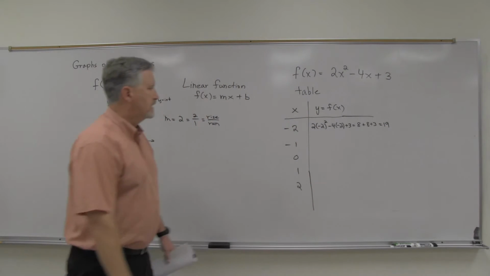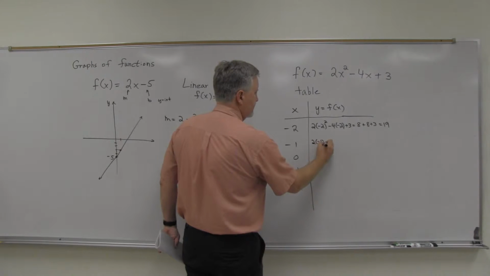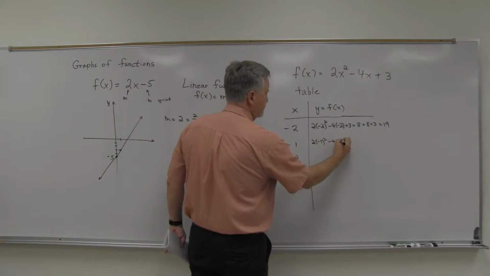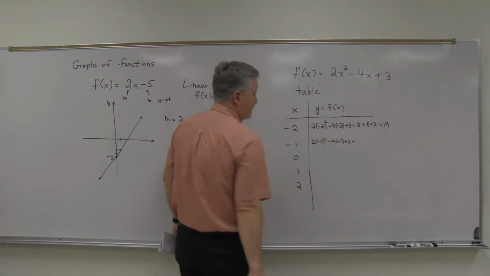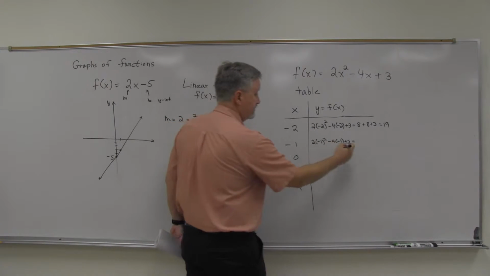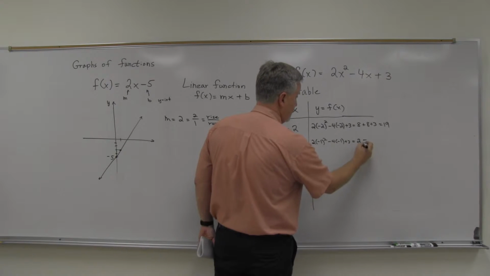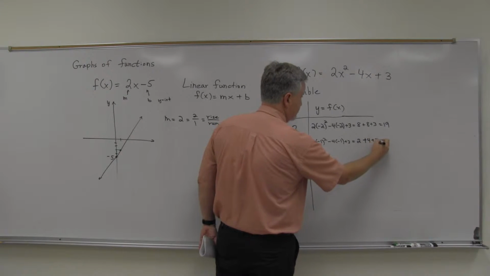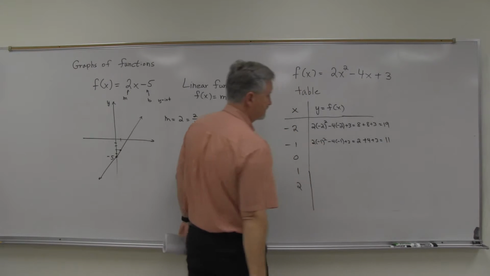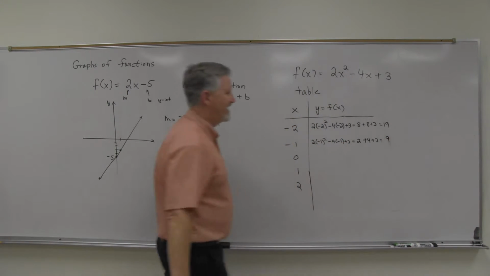Then do the same thing with -1. 2 times -1 squared, -4 times -1, +3. Again, you square the -1, so that's +1. 2 times +1 is 2. -4 times -1 is +4, +3, so that's going to give me 9.